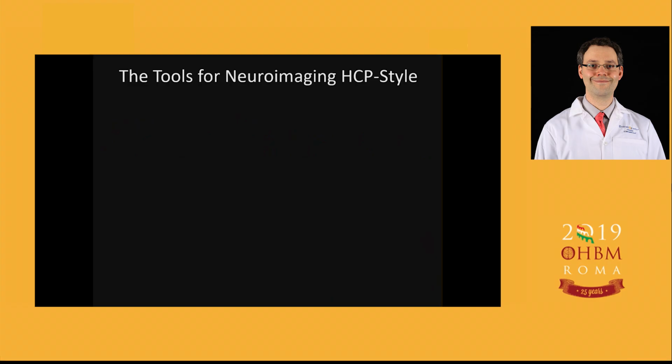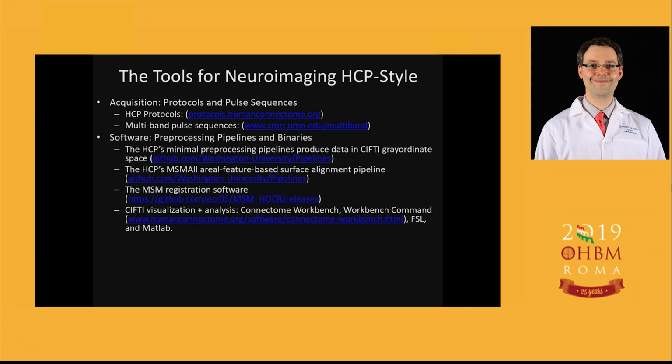So the tools for neuroimaging: HCP-style protocols and MR sequences are available at humanconnectome.org, and the CMRR website for the sequences. Software, the HCP's multimodal preprocessing pipelines, including the MSM-All pipeline, are available on GitHub, as is the MSM algorithm itself.